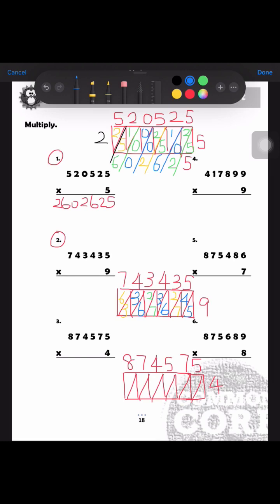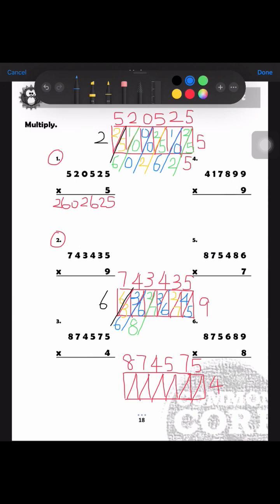And then we add the numbers down the diagonal strip. So this strip is 6. And then next, 3 plus 3 equals 6. And then 2 plus 6 equals 8.